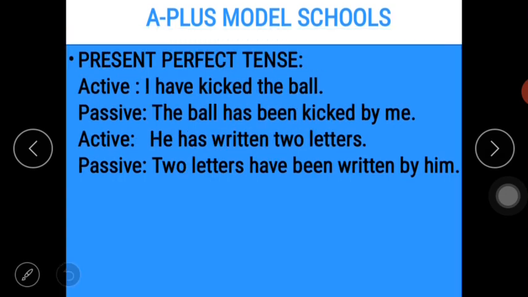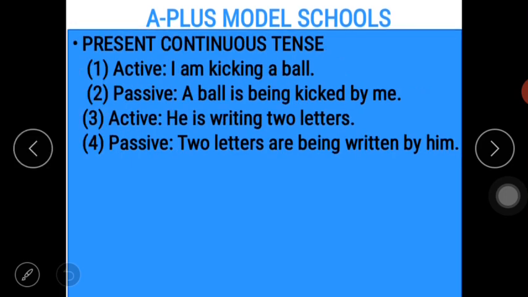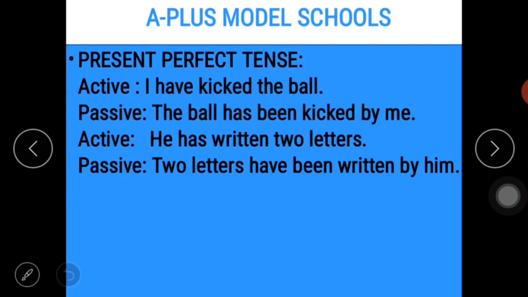Now the second one says he has written two letters. He has written two letters. Now you have written here, you have writing here. Now it gives you written. Now we pick it up from here. Don't forget that. So we have here now, he has written two letters. Two letters have been written by him.